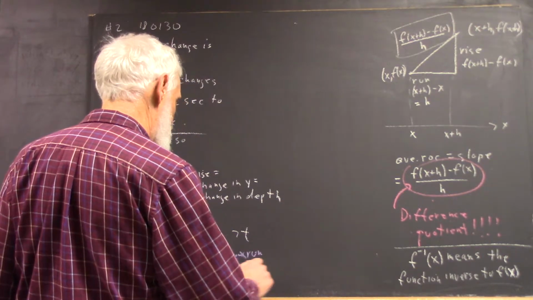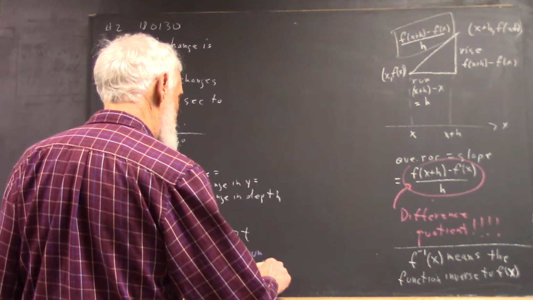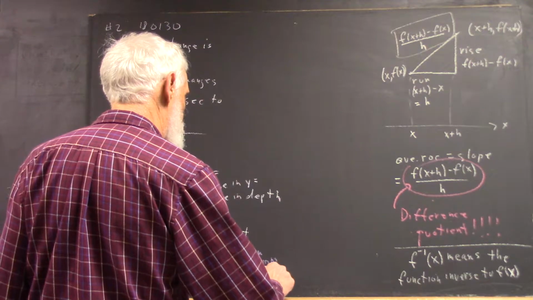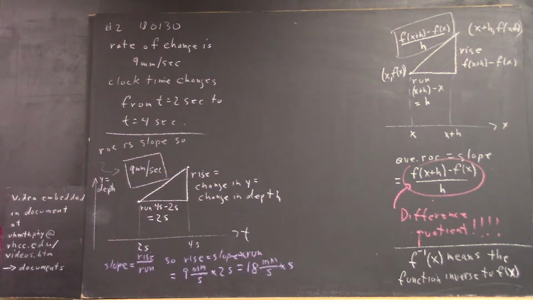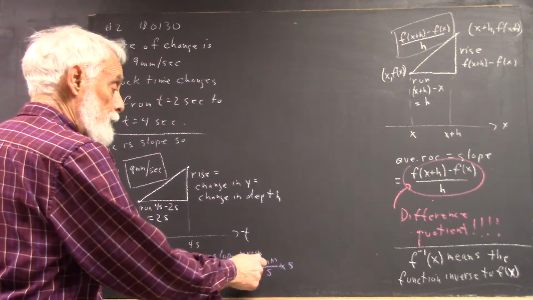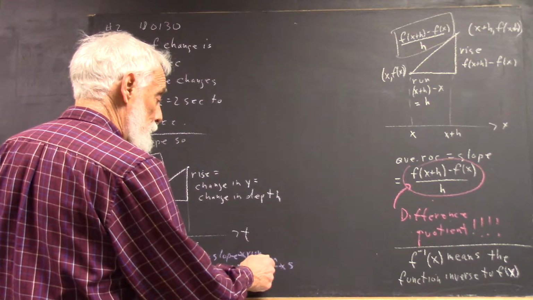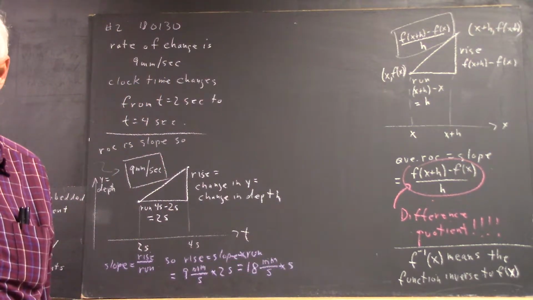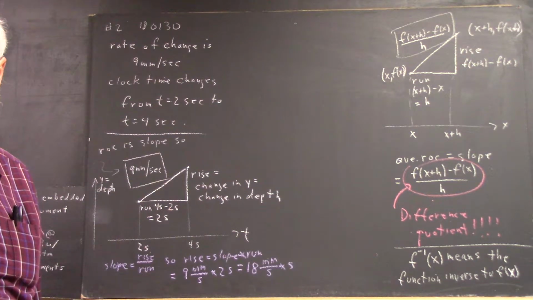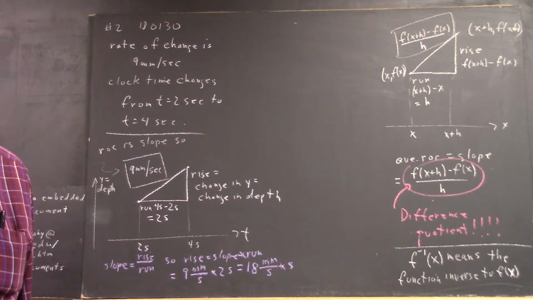And that's millimeters per second, that's millimeters over seconds, times seconds. Now, that's a fraction in symbols, right? Millimeters over seconds multiplied by seconds. What do you get? 18 millimeters. You get millimeters, right?